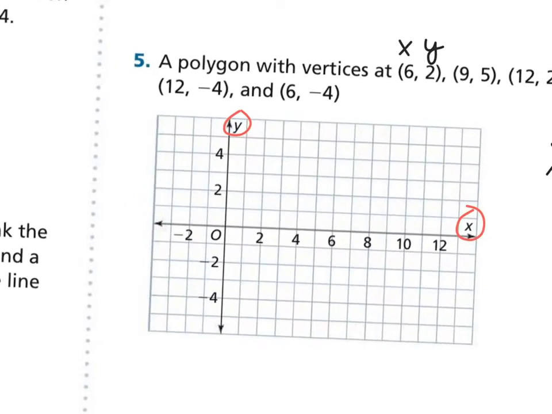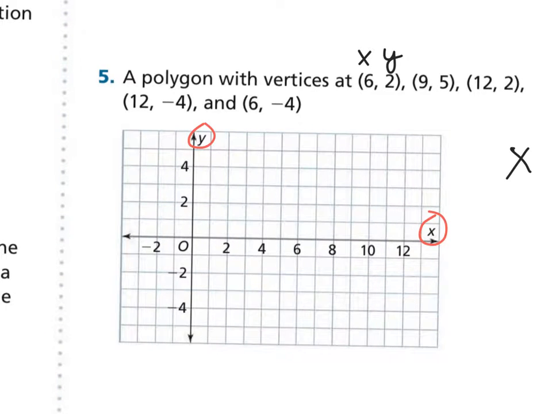Okay, so if we go first of all just to graph these points, so 6, 2, we go over 6, up 2, 9, 5, and they're going to give you these actually in order.